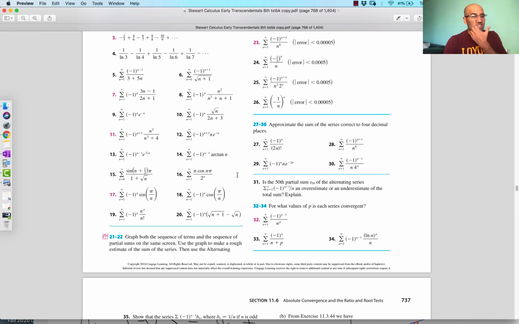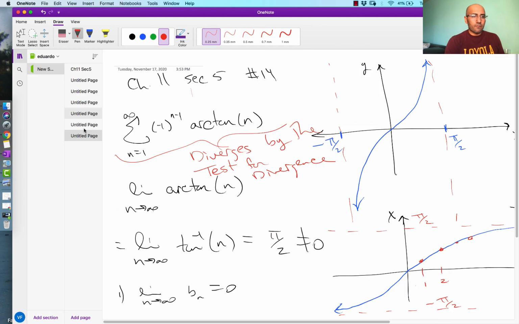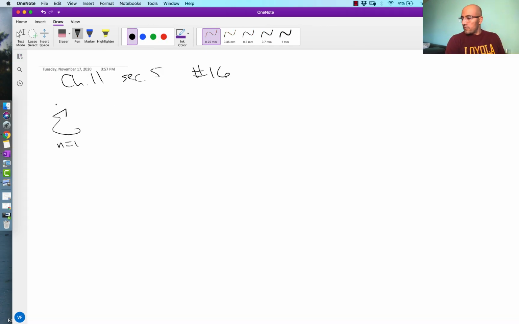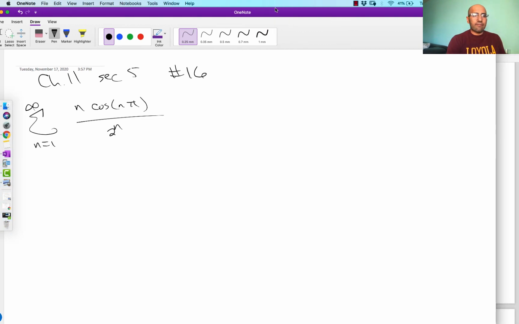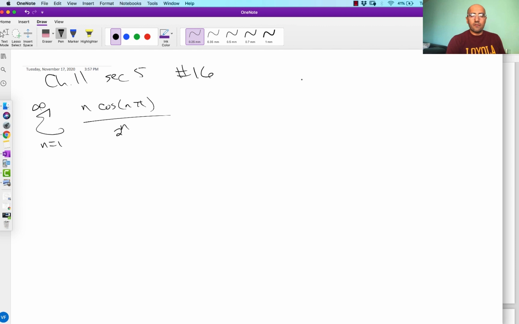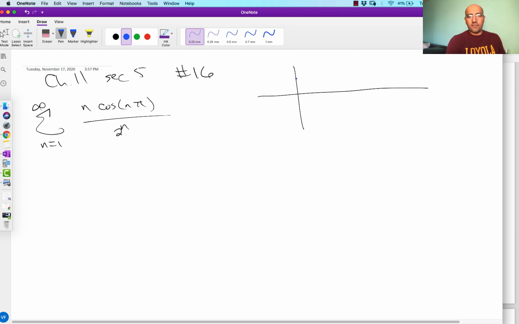How about 16? That one's a weird one. n cosine n pi. All right, so let's think about the graph of cosine. Remember, the graph of cosine looks like this. Starts there, comes back down, comes back up, comes back down, comes back up, and so on and so forth.